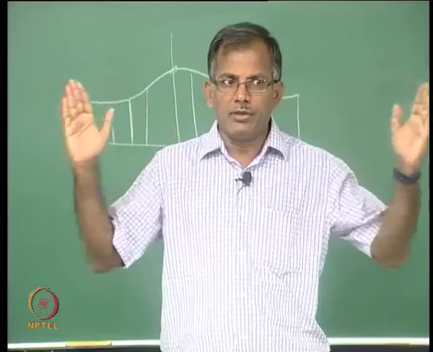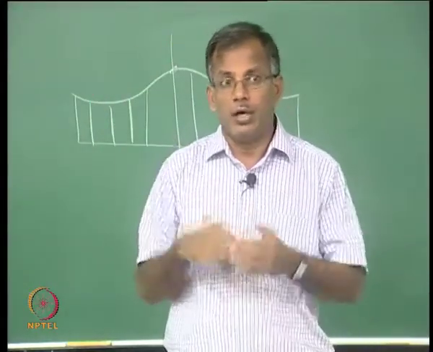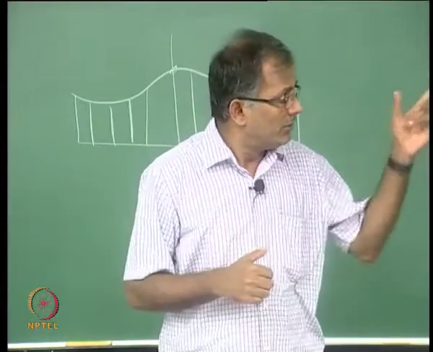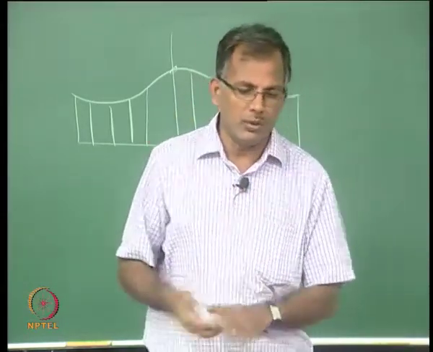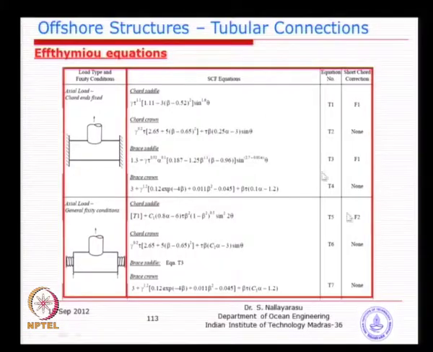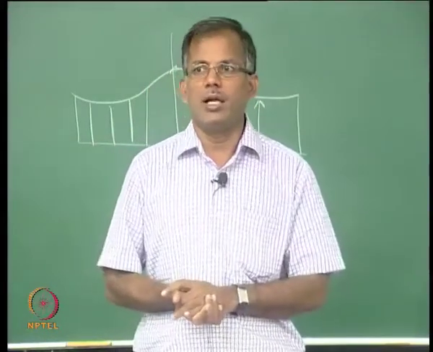So, instead of taking a large chord from one support to other support and middle loaded, they have considered a small chord length, which is probably only the joint location, and ends are assumed to be fixed and basically loaded only by axial load. And the equation is given here for chord saddle, remember chord side and brace side, saddle point and crown point. So, that is all given here.